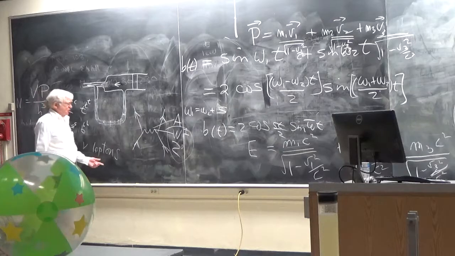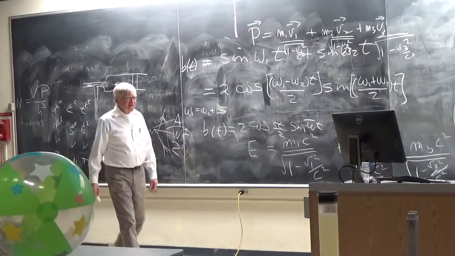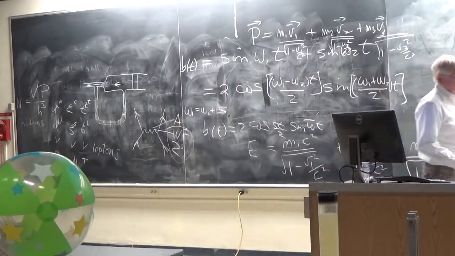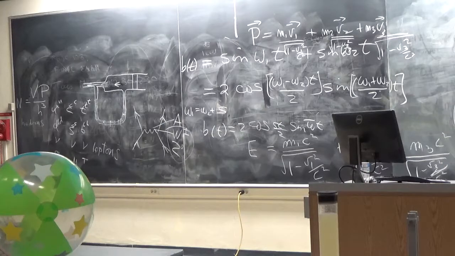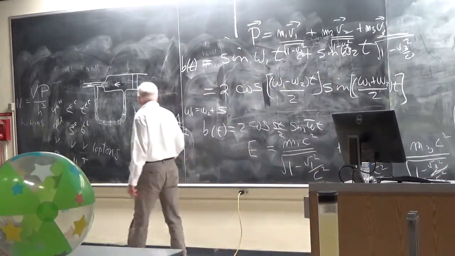And the range is so short that the interactions hardly ever occur. And because they hardly ever occurred, and people didn't understand how they occurred at all, people called them weak interactions. But they're really short-range interactions.